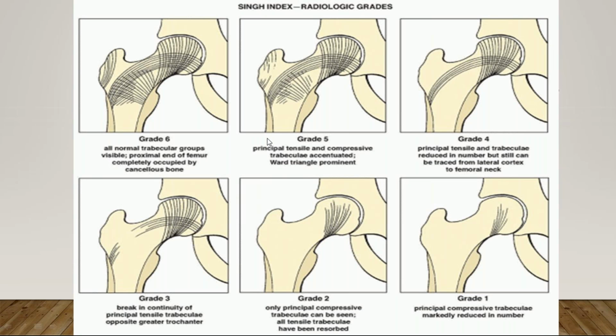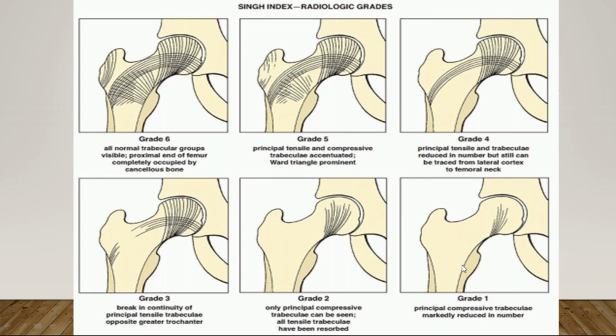This is the scoring given for osteoporosis, called the Singh index. Grade 6 means normal, where all trabeculae are well seen on X-ray. From grade 6 to grade 1, the trabecular pattern slowly decreases.